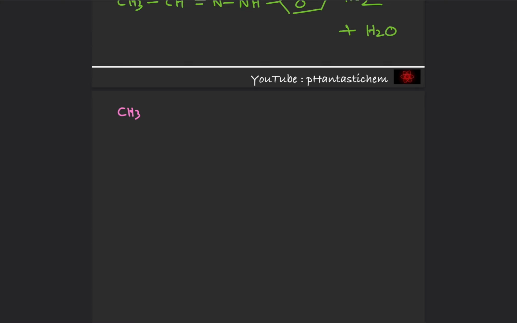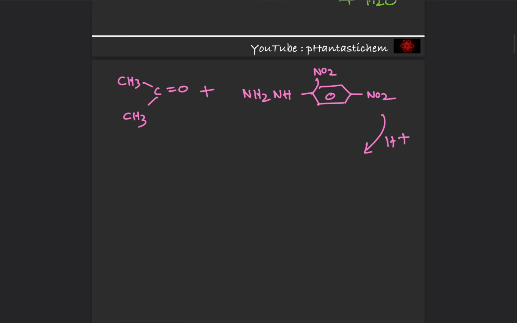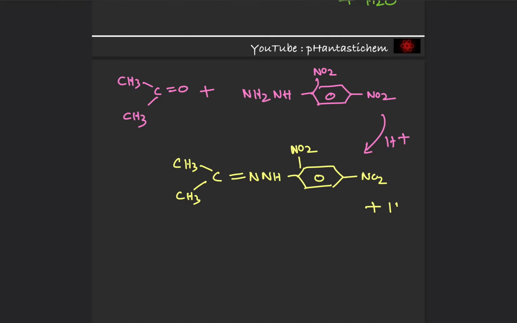For example, CH3COCH3 will also react with 2,4-dinitrophenylhydrazine, NH2NH-benzene ring with NO2 NO2, in acidic conditions, and the product will be (CH3)2C=N-NH-benzene ring with NO2 and NO2, plus H2O.